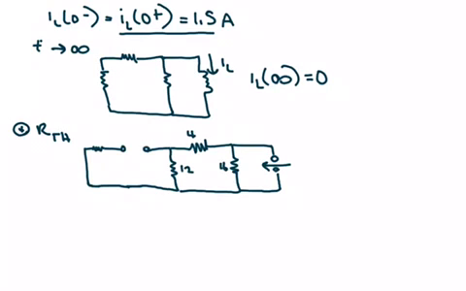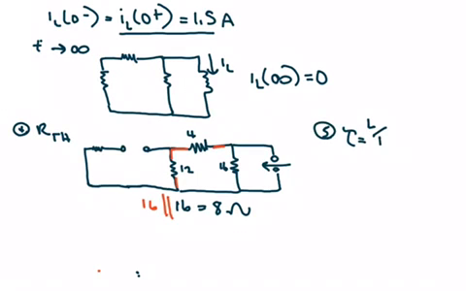So we are going to combine 4 and 12 in series. That will equal 16, and then we'll have 16 in parallel with 16, which is going to equal 8 ohms.